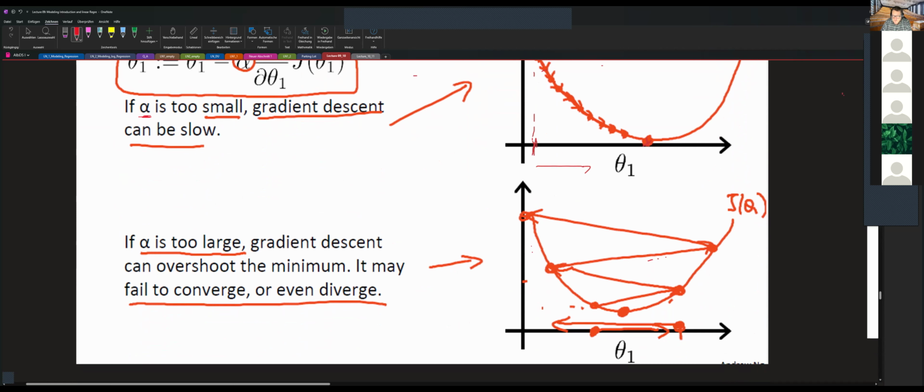So for example, if this is too large, instead of going near the minimum, we can just go to the other side of the cost function, right? Because we move like this instead of moving in small steps. So it may fail to converge or even diverge. The values will get larger in the end, but we want to converge like this.